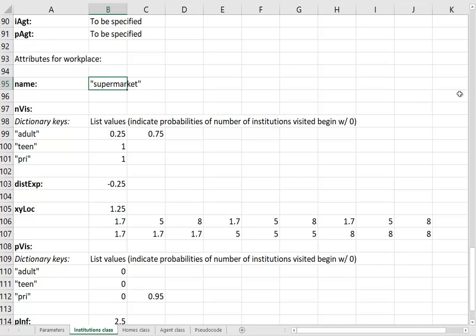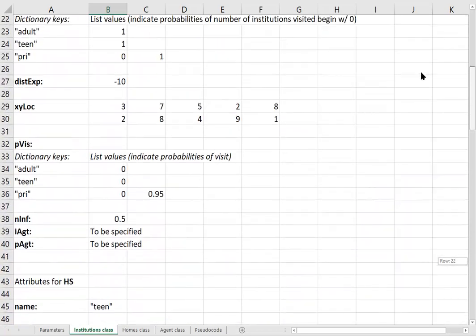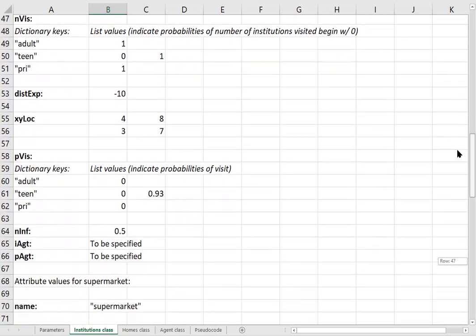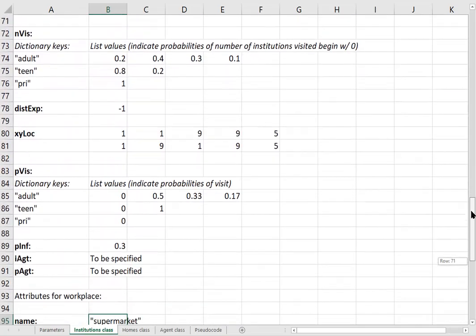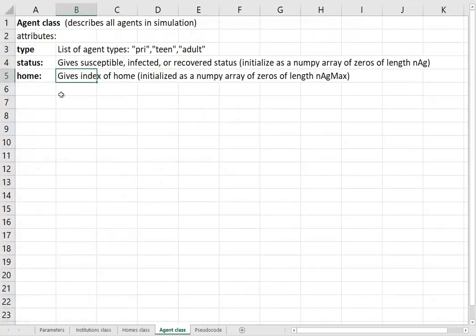As I said, you'll define 4 instances of the institutions class. You'll define 1 instance of the homes class, and you'll define 1 instance of the agent class. Right? Okay. And I should probably call this agents instead of agent, because it is agents. It's not just a single agent. So let me change that to agents. That's a more accurate name.